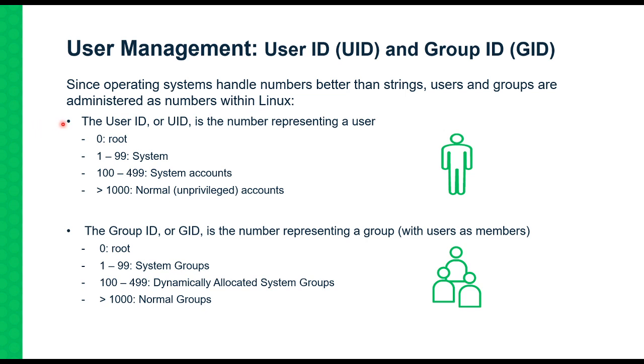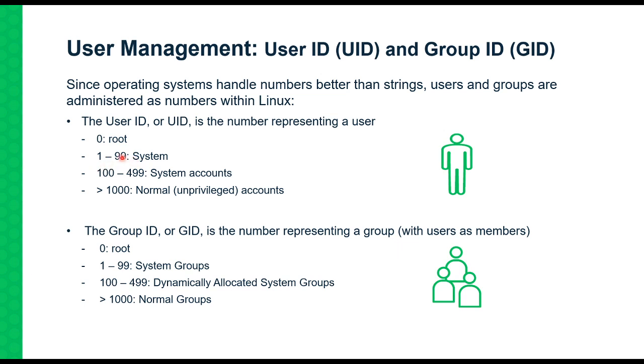Let's have a look at the user IDs, or the UID in short. This is the number representing each user. The root user will always be represented by the number 0. Then numbers 1 to 99 are kept for the system users. Any other system users will use these numbers.